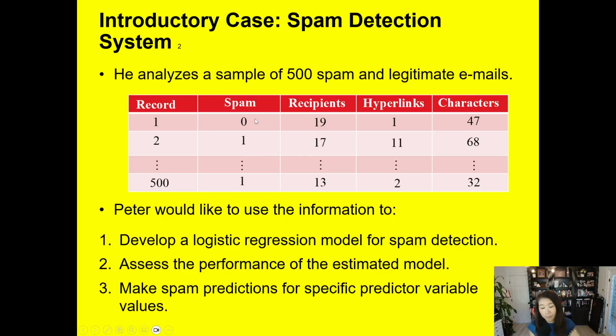Okay, probability. Before we move on, I want to give you a few more examples of when you need to use a logistic regression model. For instance, as a company, you want to detect who is going to leave or stay.